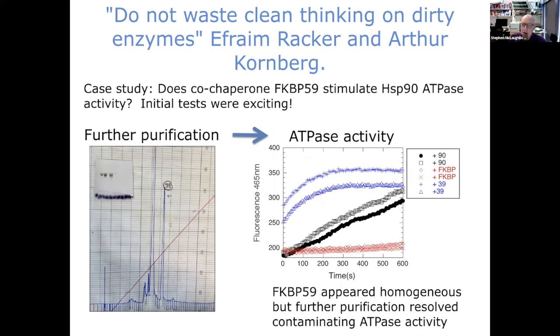First of all, here's HSP90, here's FKBP by itself, and here's fraction 39. So it had a massive ATPase activity by itself. So even though I could hardly see it on the band here, this was just a contaminating factor. And really, subsequently when I put FKBP59 with HSP90 in, there wasn't really any difference.